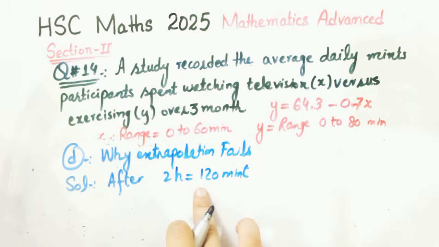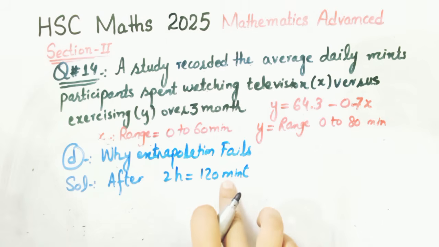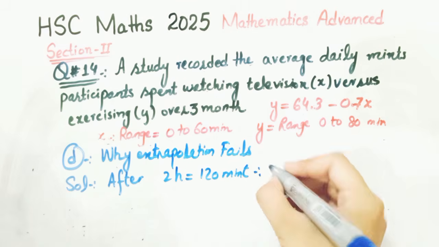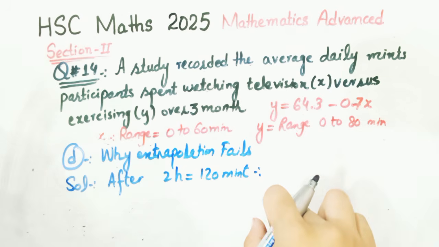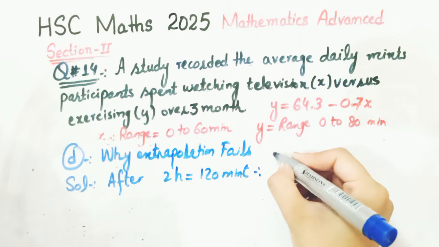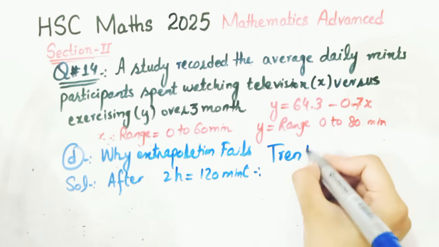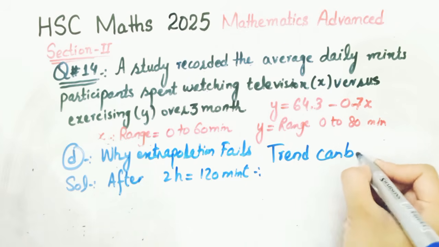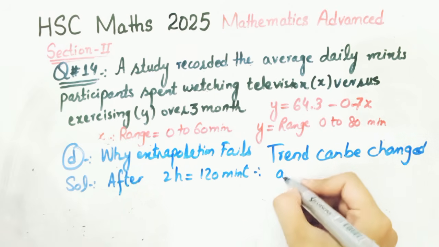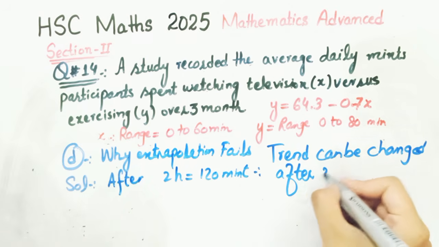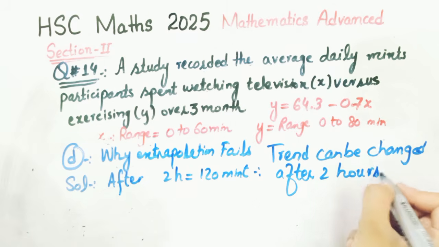But after 2 hours, our value will increase beyond 120. That's why we say that predicting outside the data bounds is unreliable, because the trend can change. So write the reason here: the trend can change after 2 hours. So this is the complete solution of question number 14.